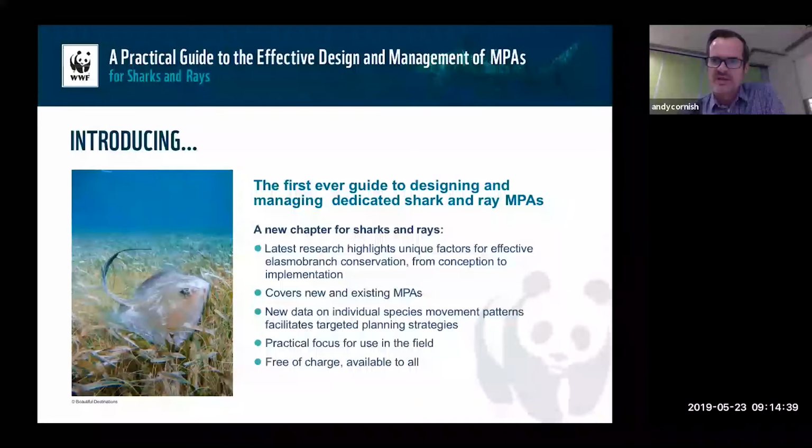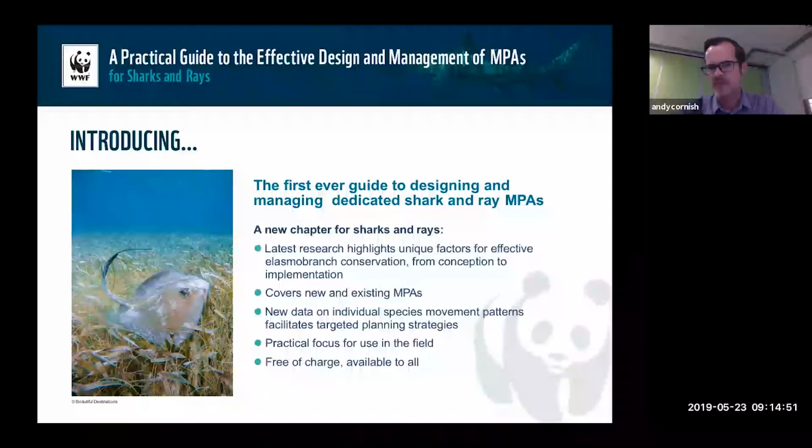And there are some references in the guide where you can look at that. So we've been able to incorporate, not in a technical way, but in a more general way, that information on movement, very much intended to be a practical guide that anybody can pick up with minimal scientific training.